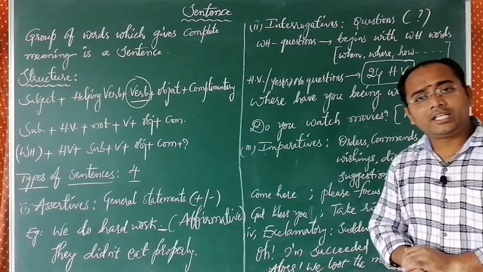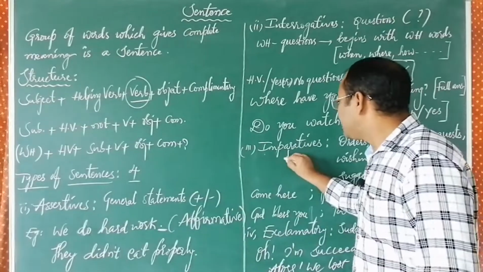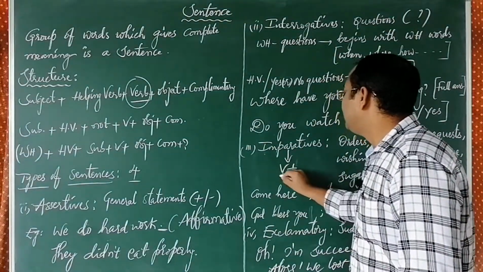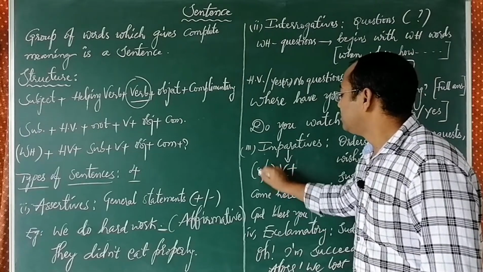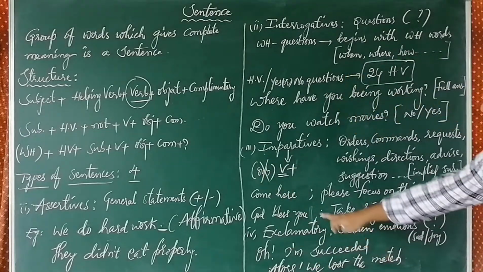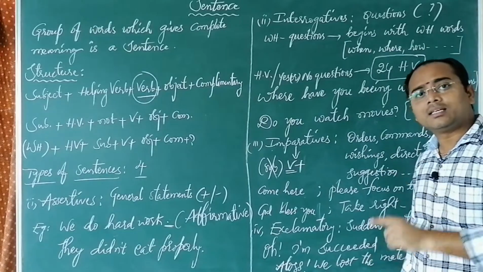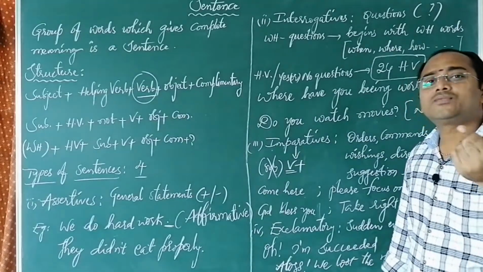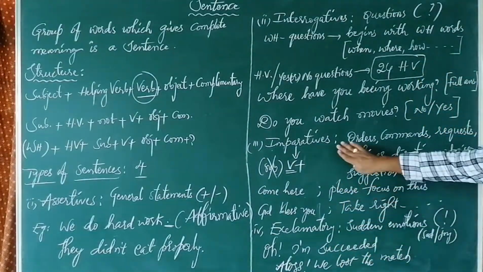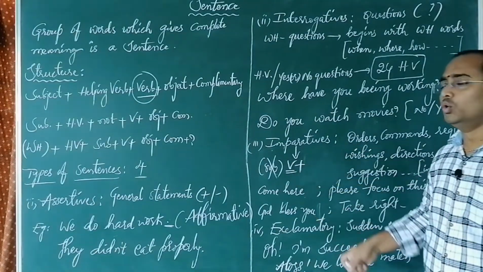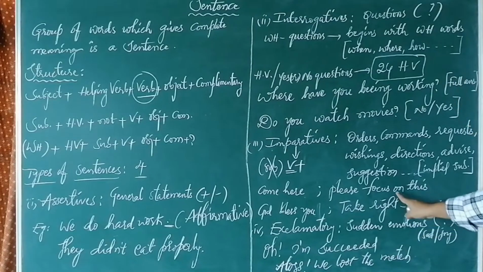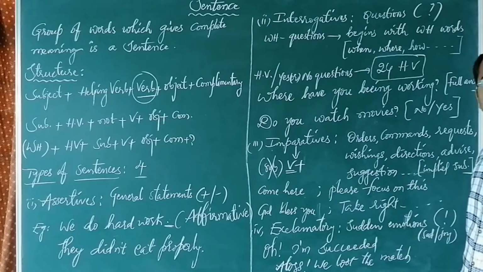If you observe, imperatives generally start directly with a verb. You cannot get the subject. See, come here. Focus on this. That means, you, please focus on this. In imperative the subject won't be there, but the indirect subject is you.